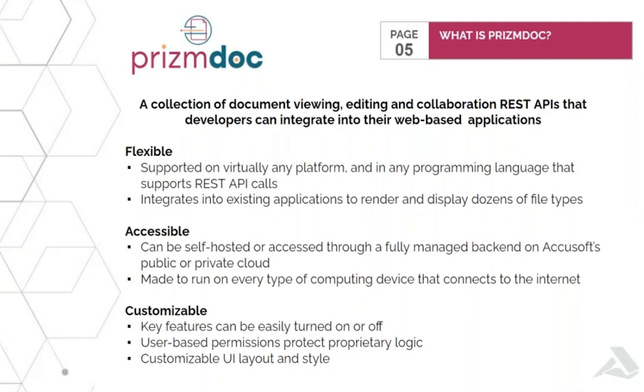It also can be integrated into existing applications to render and display dozens of file types, allowing it to flex into any application easily. Prism Doc is accessible and has multiple deployment types, which we'll talk about in just a few minutes and go into detail on.